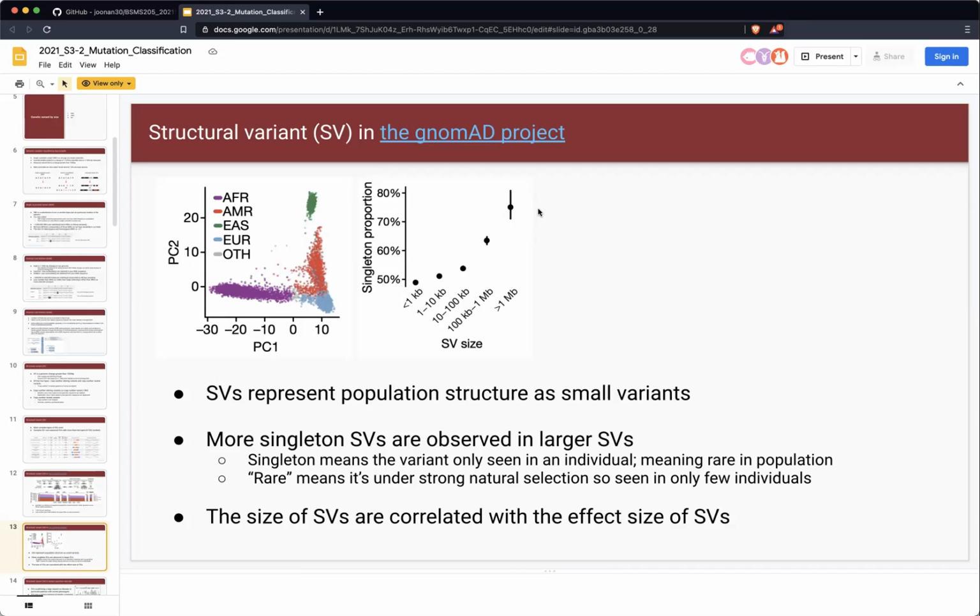A rare variant means that it's under strong natural selection, so it's only seen in a few individuals in a population. You have to understand the relationship between the number of individuals, the frequency, and natural selection, right? In other words, we can say that the size of the structural variation is correlated with its effect size.